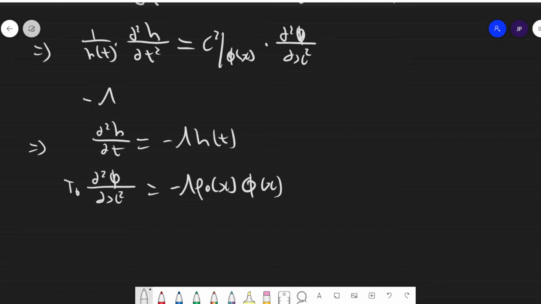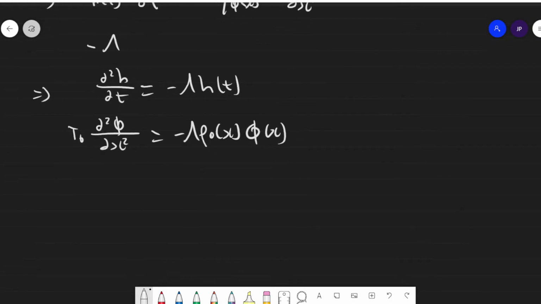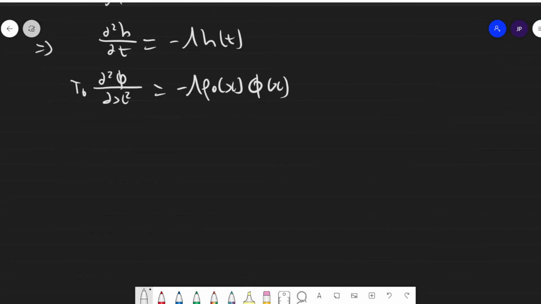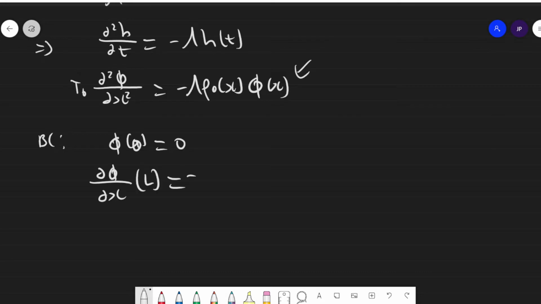Right. So these are my two functions, and actually this one here is my eigenvalue problem because it has two boundary conditions. Remember correctly, the one is at x equals 0, and we set the movement there to 0. And then the other one is the derivative at x equals L, that was equal to this.